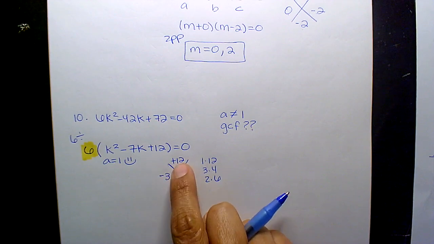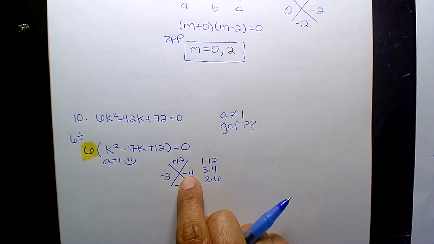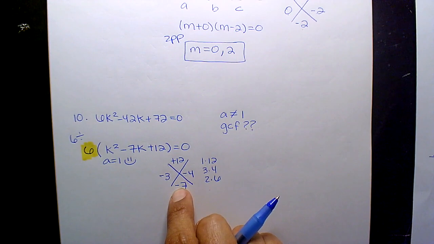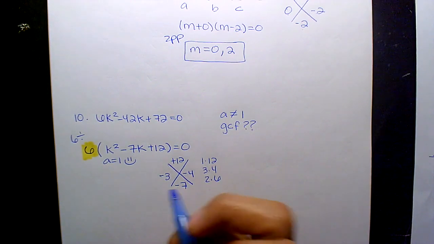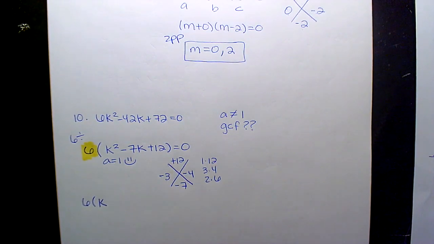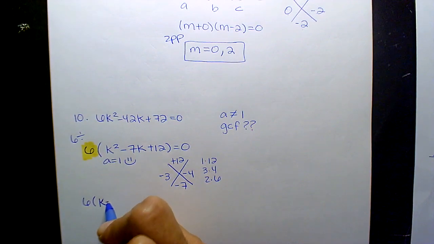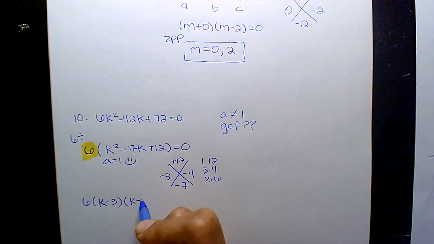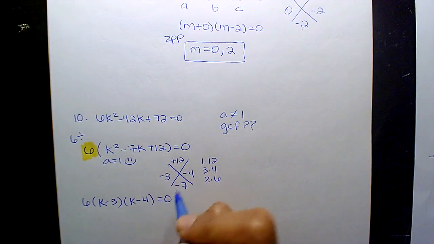A negative times a negative is a positive, but a negative summed with a negative equals a negative, right? Okay, so I get 6, k, whoops. And by the way, if you ever write X as a default, you're just like me, you won't get docked. k minus 3, k minus 4 equals 0.